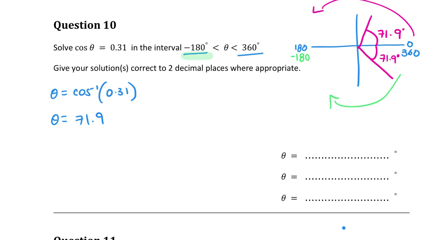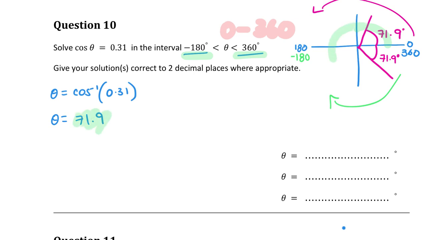So when I'm going from minus 180 to 360, I can do this 2 ways. I can start from 0 to 360, and then I can go back and then do 0 to minus 180. It's completely and entirely up to you what you do. So let's have a look at this. I'm going to start at 0 and go to 360 first. If I start at 0, I intersect once at 71.9, which I already have.